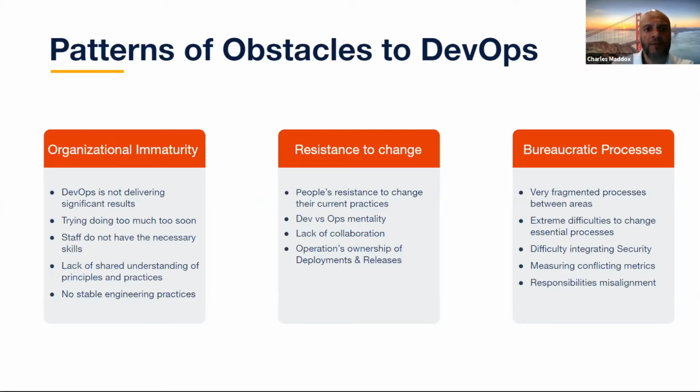So the patterns that we see are, first, immaturity of the organization: your process maturity and how your culture about working together is just not at a level that's conducive to a transformation of this nature, to get this way of working established.